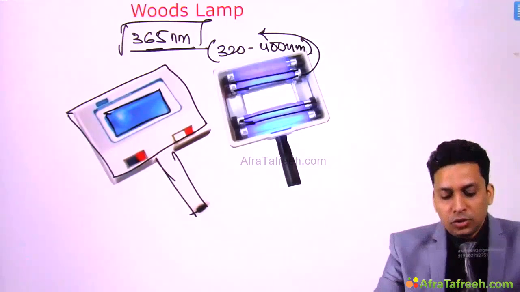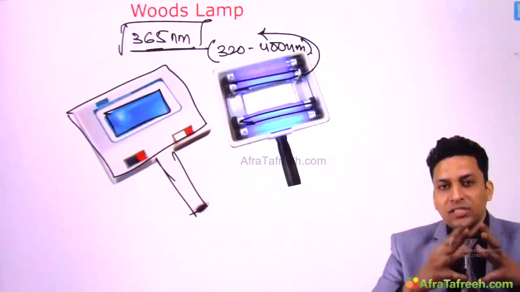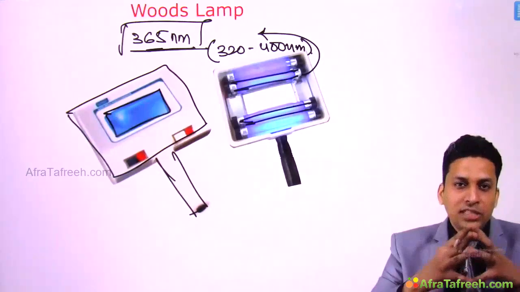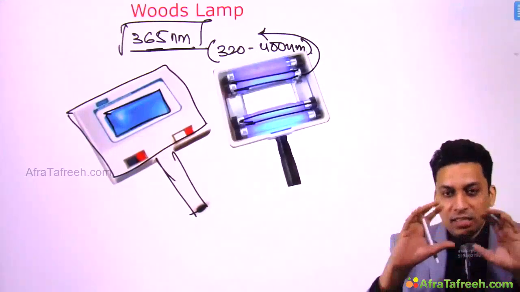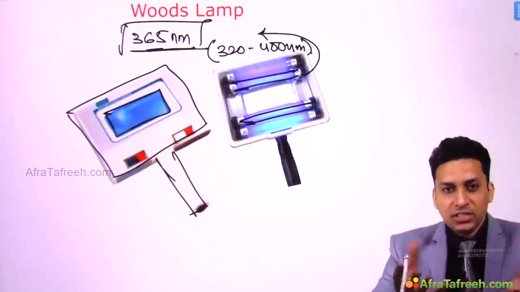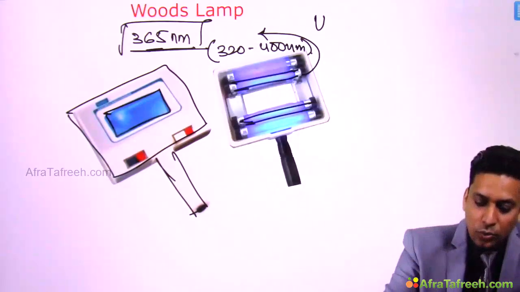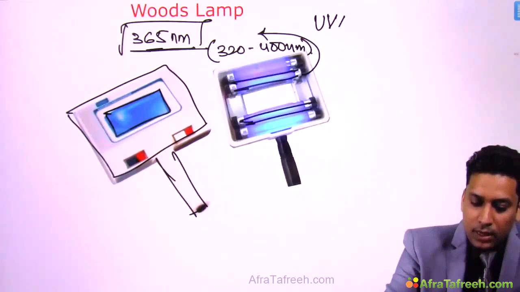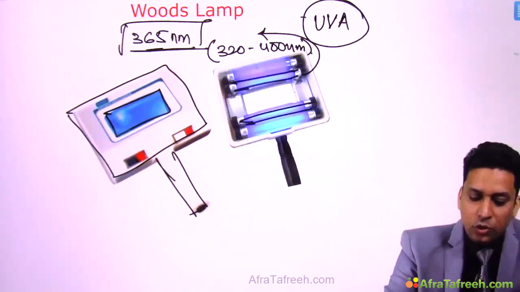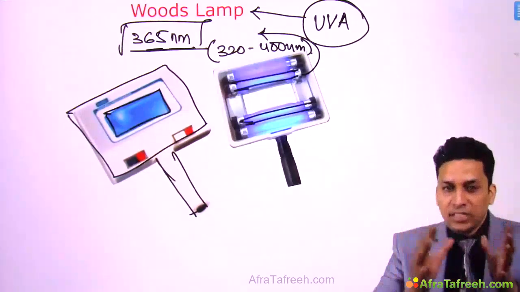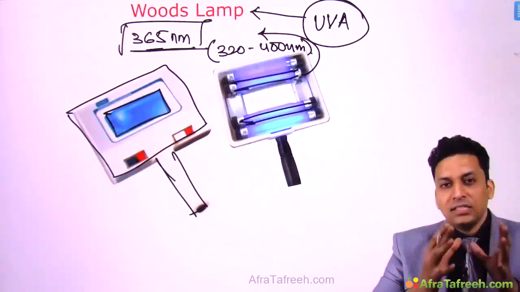Okay. So can you tell me that Woods lamp is which lamp? UVA lamp, UVB lamp, UVC lamp? Yes, it is in the range of 320 to 400, and just now I told you 320 to 400 is which wavelength? Yes, UVA. So Woods lamp is UVA lamp, but if range is not given specifically, then remember that this is 365.